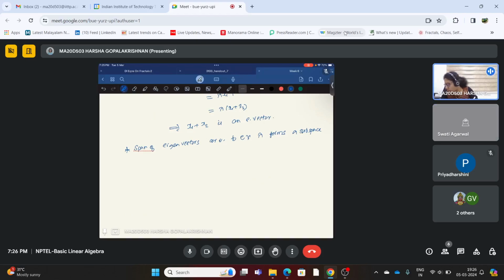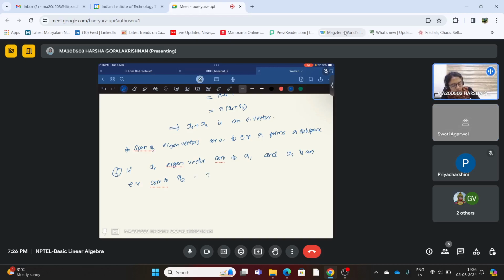Now the next question is, if x1 is an eigenvector corresponding to lambda 1 and x2 is an eigenvector corresponding to lambda 2. That means lambda 1, lambda 2 are distinct eigenvalues and x1, x2 are the eigenvectors corresponding to them.